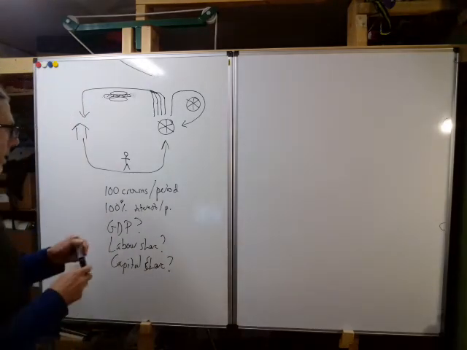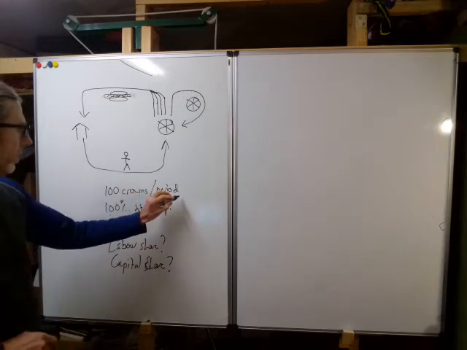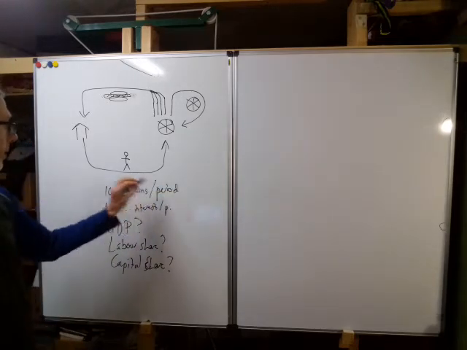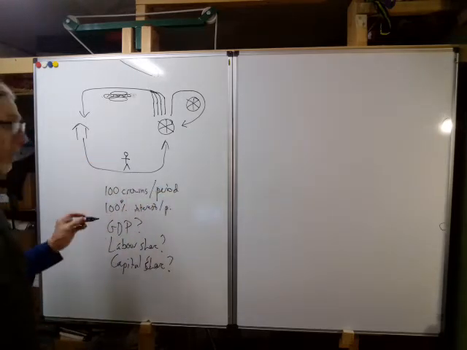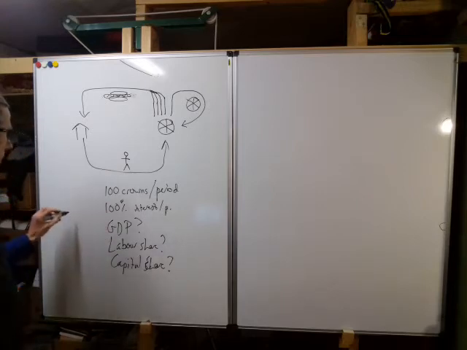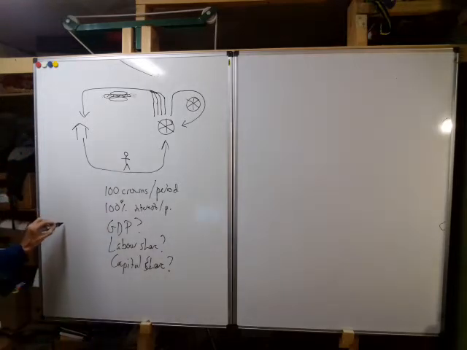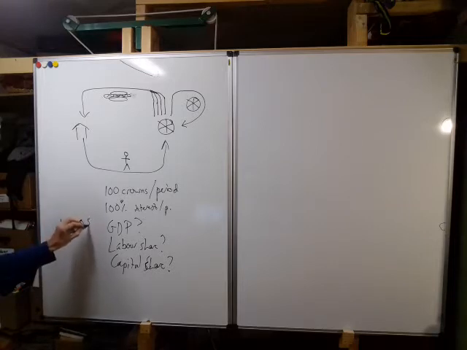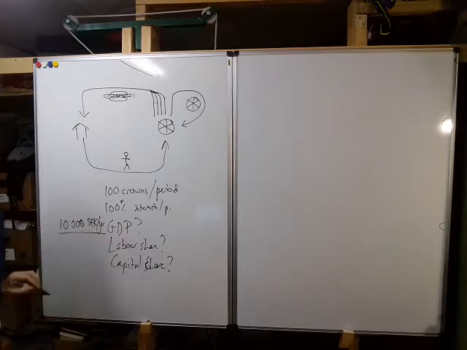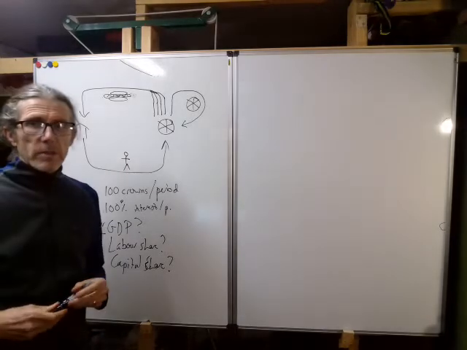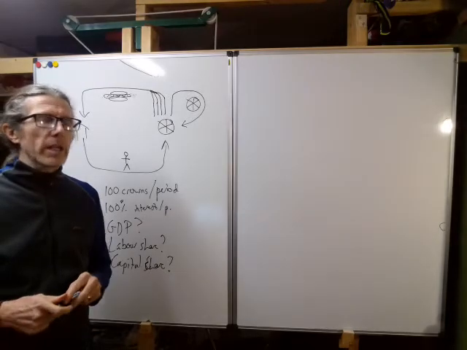So the wage is 100 crowns per period and there's 100 people. So GDP must be 100 times 100, mustn't it? It's 10,000 crowns per year, okay? Oh no, wait.